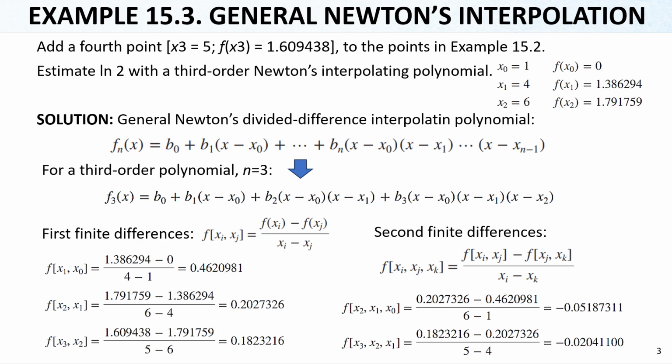And we will add a fourth point, for instance, x3 equals 5 and f(x3) equals 1.6 for the ln natural logarithm example, and we will estimate the ln function value of 2 using a third order polynomial, a higher order than the first and second orders. Newton's interpolating polynomial we will use. So these were the existing data, and we will add this x3 equals 5 into here.